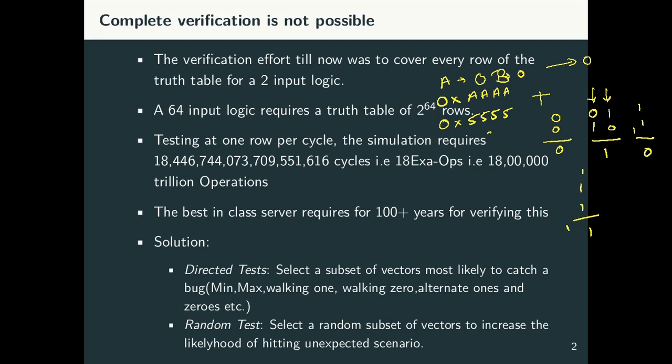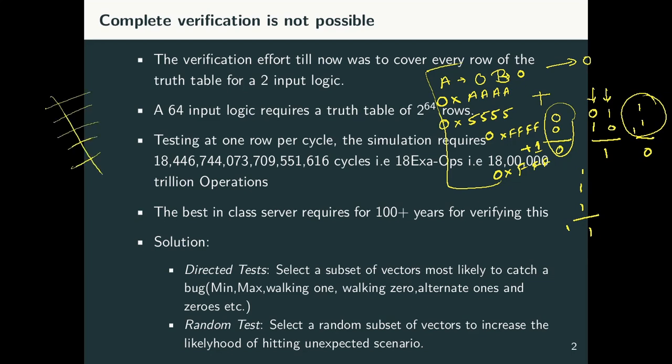And then finally I can do something like my input is all F's and maybe just add 1 to it, or I can add a value of all F's to this, and that will basically translate to this. So once I have selected this set of vectors, which are most likely to cover different scenarios and trigger different errors, I will have this reduced truth table with which I will write out my test cases and I will verify this adder.